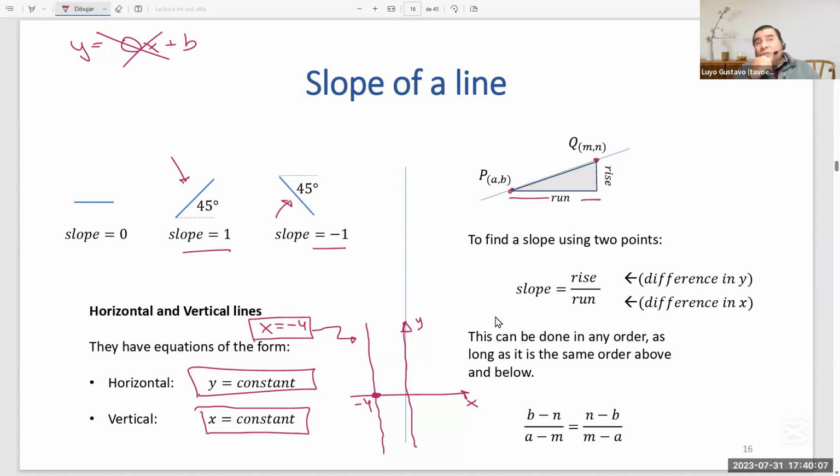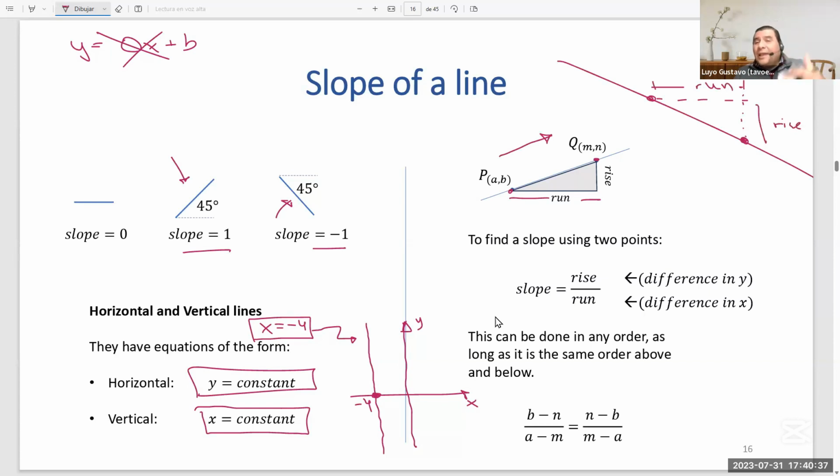So when you see, for example, a line like this, you can determine just from the orientation that this has to be a positive slope because you are moving in this way, in an ascending way from left to right. If it is, on the contrary, something like this, when you calculate rise versus run, okay, you have run here, but then the rise is negative because you are decreasing.